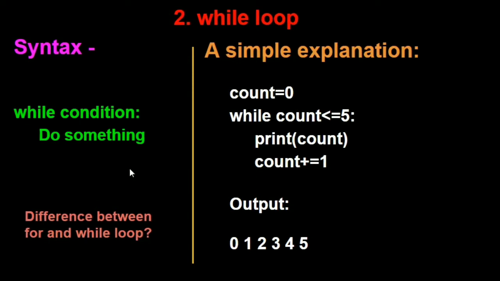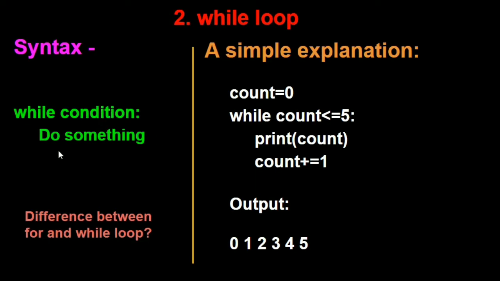As and when you go on coding, you all will understand the exact difference between it, because unless and until you all do it practically, you all will always have a little bit of confusion. Now coming to the syntax of while loop, this is very similar to the for loop. You just have the while word and some condition, and the code inside it goes on running until this condition becomes false.